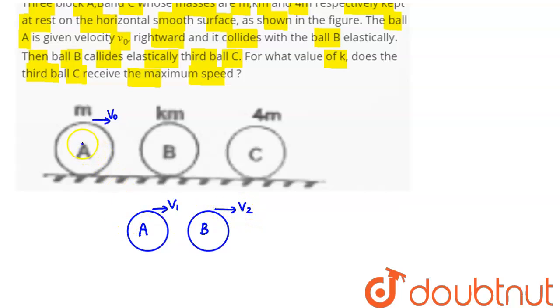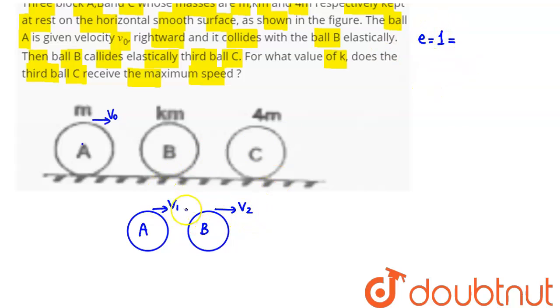So for this first collision between A and B, we can apply the coefficient of restitution equation.